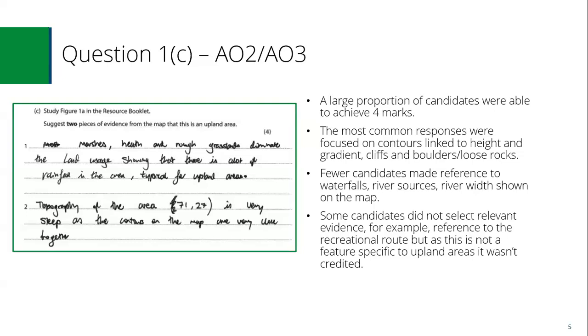It was a good, solid answer. It went through the idea of grasslands dominating land usage, of rainfall, and the topography of the area being very steep with the contour lines. So we joined those 2 points together. But remember, try to tell students that it really doesn't benefit them to talk about what isn't there. It's about what is there, and that's what gets the marks. Okay.